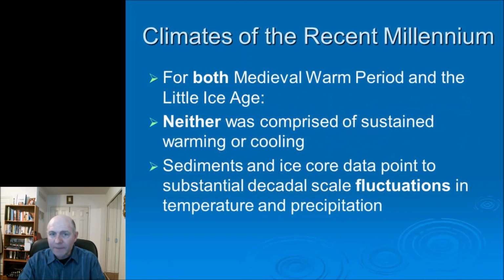So when we think about the climates of the most recent 1,000 years, we have the medieval warm period and then the little ice age. Neither one of these was comprised of sustained warming or cooling. The sediments and the ice core data that we do have from this time both point to substantial fluctuations on the decadal, every 10-year, scale in both temperature and precipitation, right?